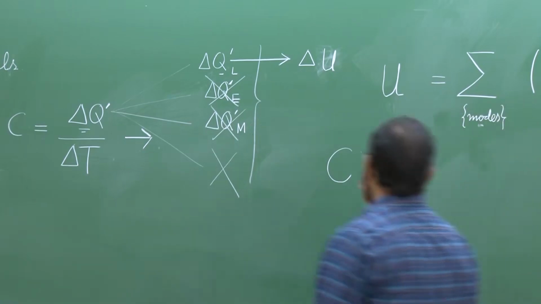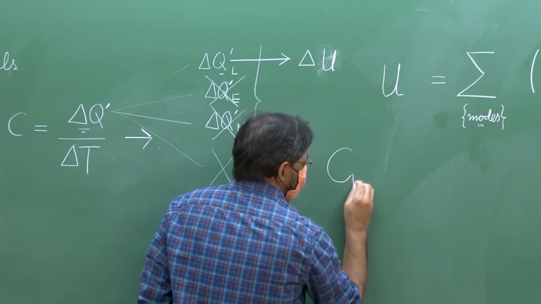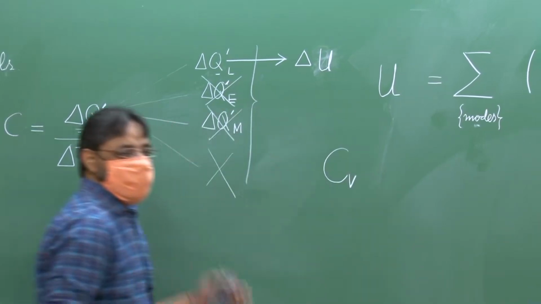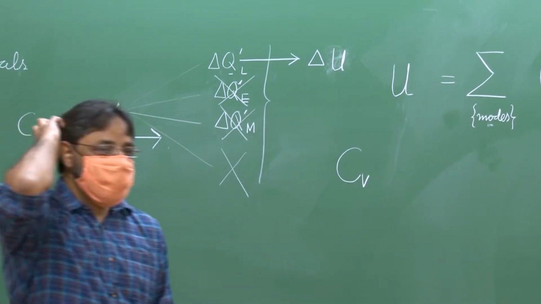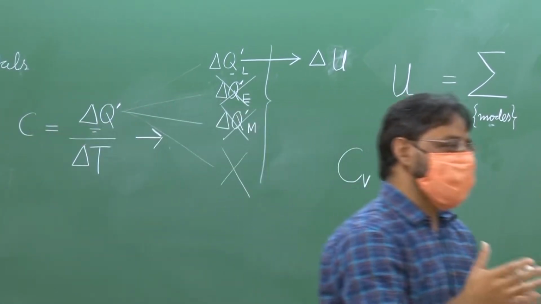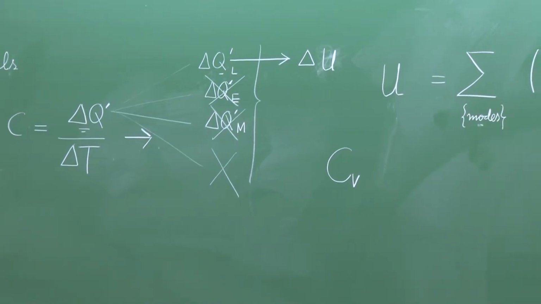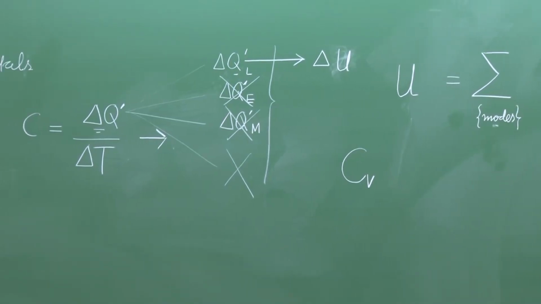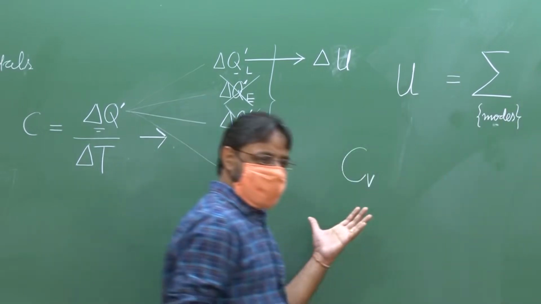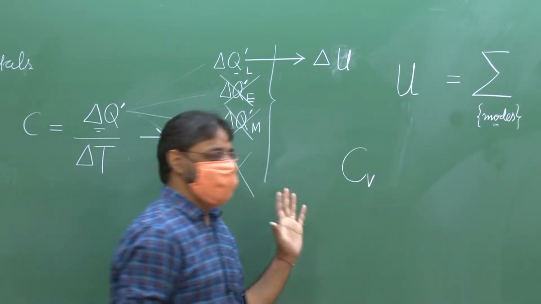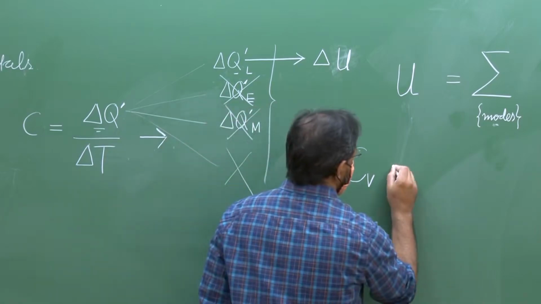So the specific heat, and I'm going to put a little v over here to designate specific heat at constant volume. But you know, for solids, the expansion is very small compared to gases, for instance, right? Because they are practically incompressible. So Cv is the same as Cp, right? But I'm going to write Cv because that's how it is written in the books.